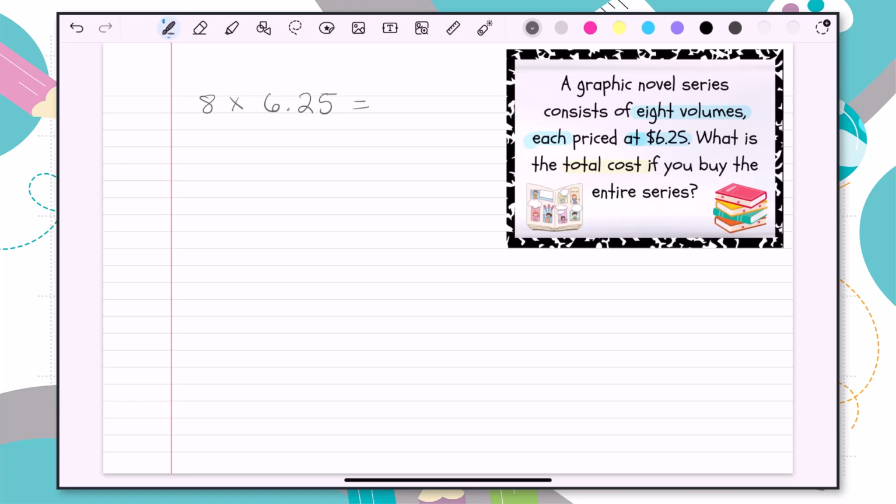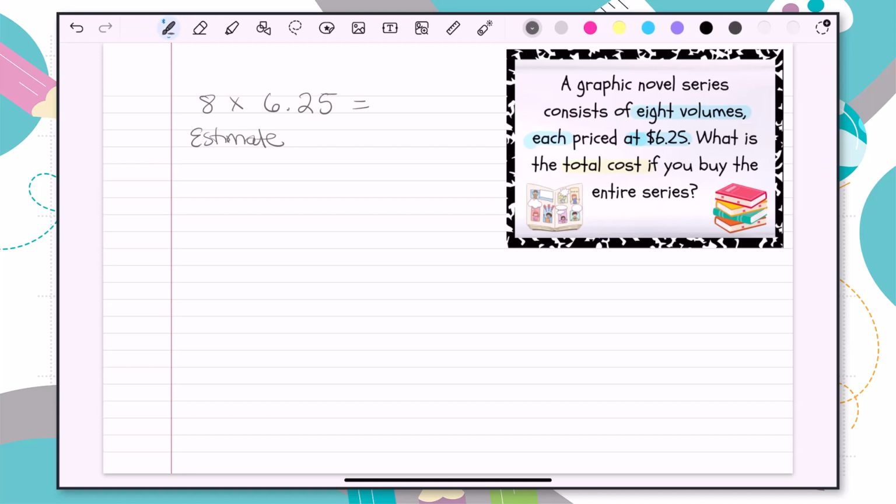I'm going to do 8 times 6 and 8 times 7. I'm not going to write all of the rounding and estimating down like I have been, because we're getting better at this. So, 8 times 6 is, do you have your math facts memorized?